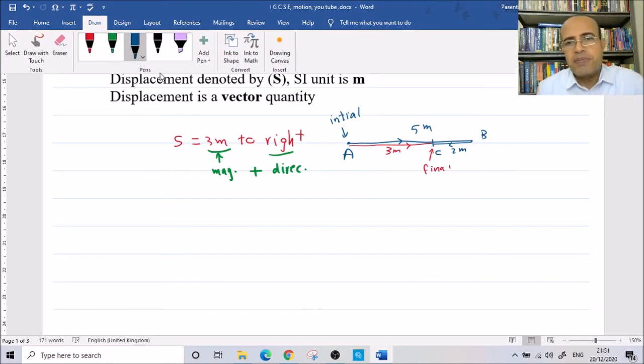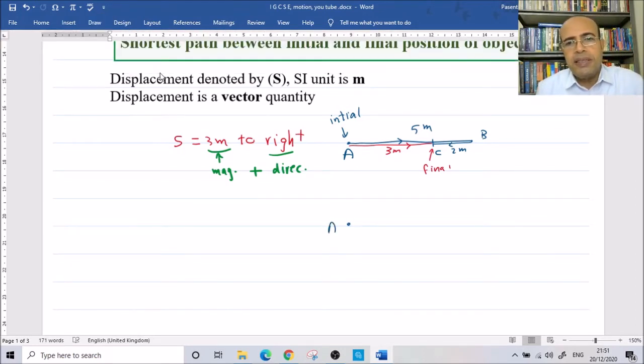Look at this, please. The object starts at A, so this is the initial position, and goes to the right to the point B, 5 meter, and then down to the point C, which is perpendicular.